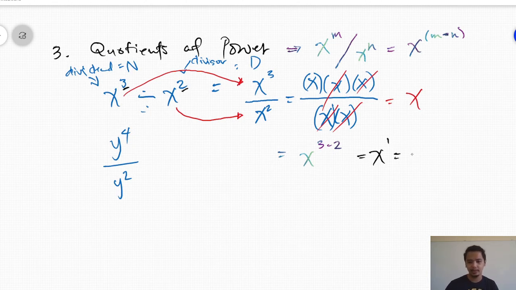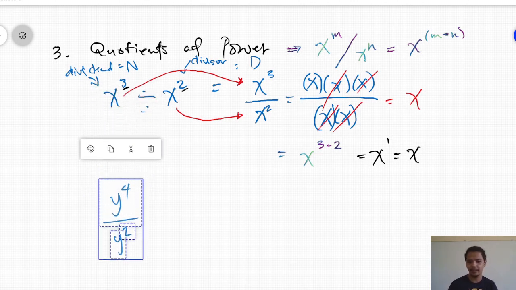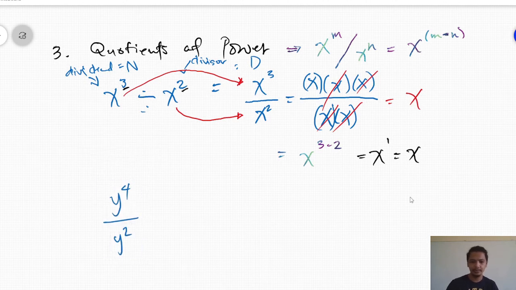Which is by our rule, this is just x. Okay? So, ganun din yung gagawin natin para dito sa next example natin, move ko lang siya ng kaunti. Baba ko lang.